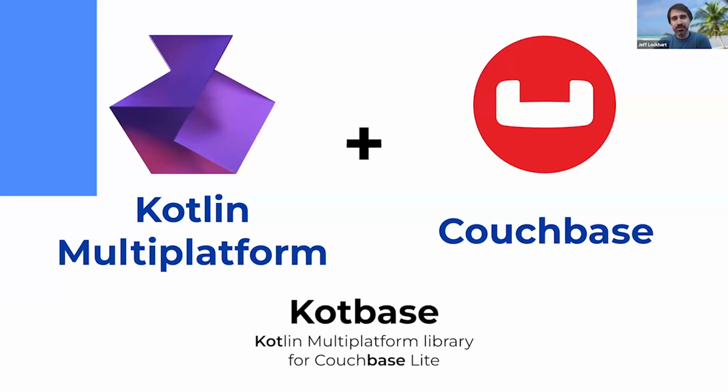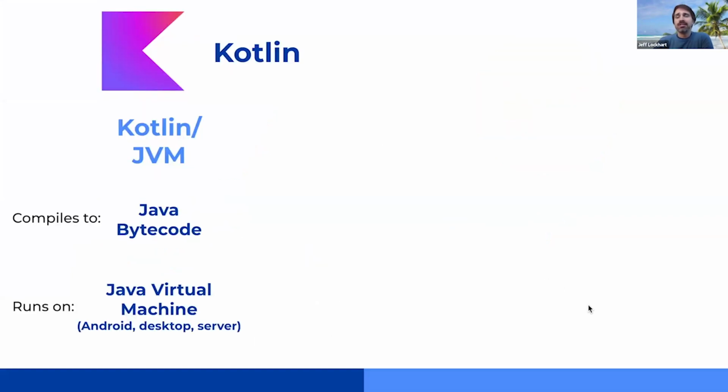So I put together just a few slides to introduce. Again, I'm going to talk about my library, which I decided to call Kotbase because of that combination of Kotlin Multiplatform with Couchbase Lite. As an introduction to Kotlin and Kotlin Multiplatform, I think most have heard of the Kotlin language and are familiar with it as a JVM language.